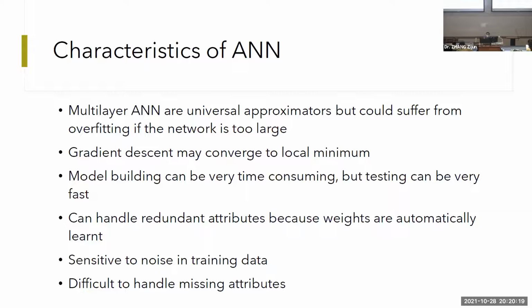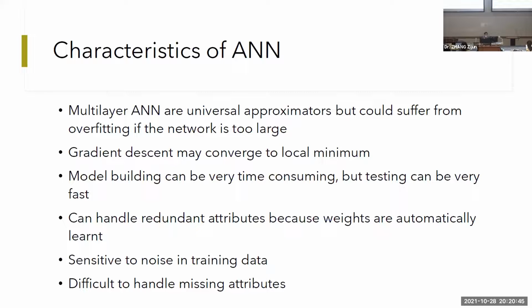And gradient descent may converge to a local minimum. So it is quite common that your gradient descent is trapped in a local minimum. It does not return the global optimality of those weights and biases. That means your weights and biases are kind of optimal, but not the best optimal, okay?